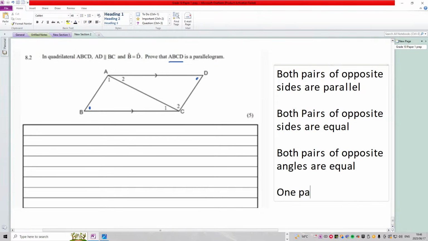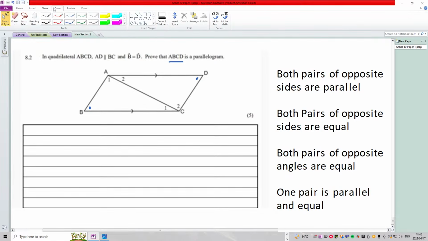Or one pair is parallel and equal. So what this is saying, people, for me to prove that this is a parallelogram, we have 1, 2, 3, 4. You don't have to prove all 4.